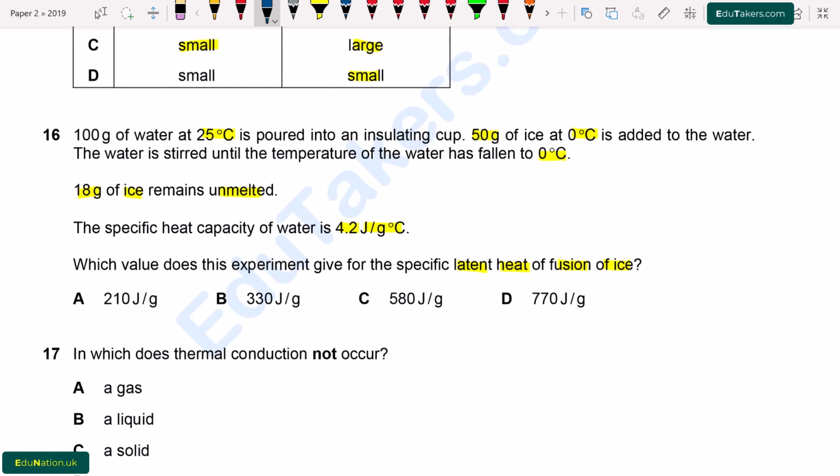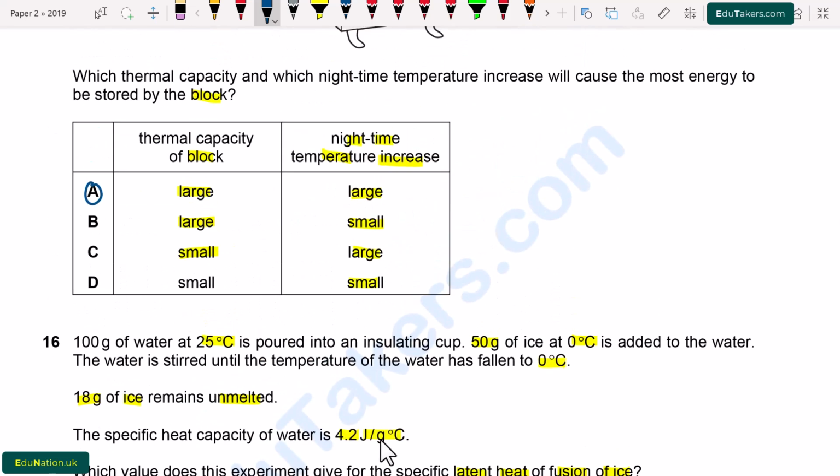So I write here: energy required, or heat required, for latent heat of fusion of ice, will be equal to the heat or energy lost by water.